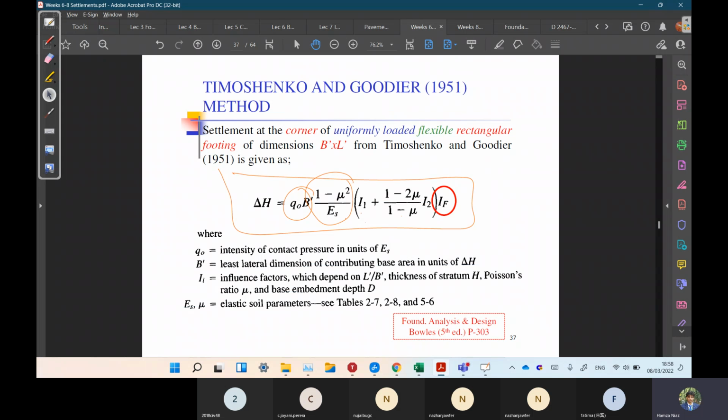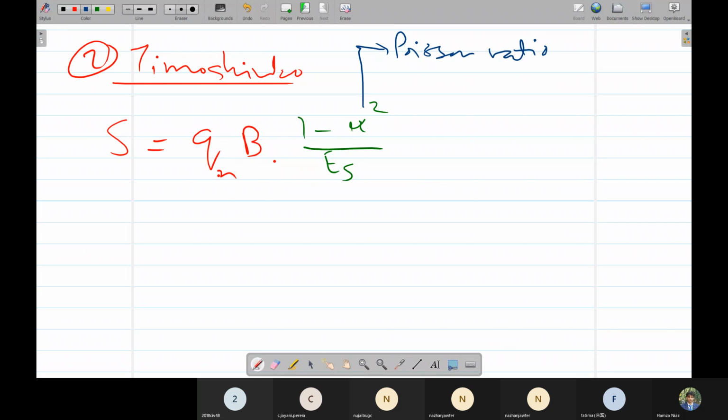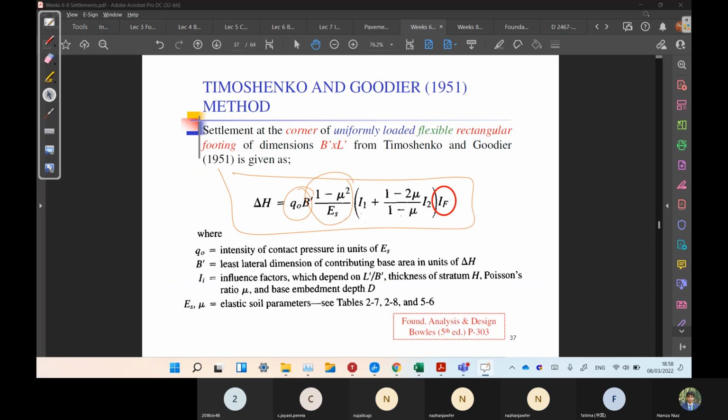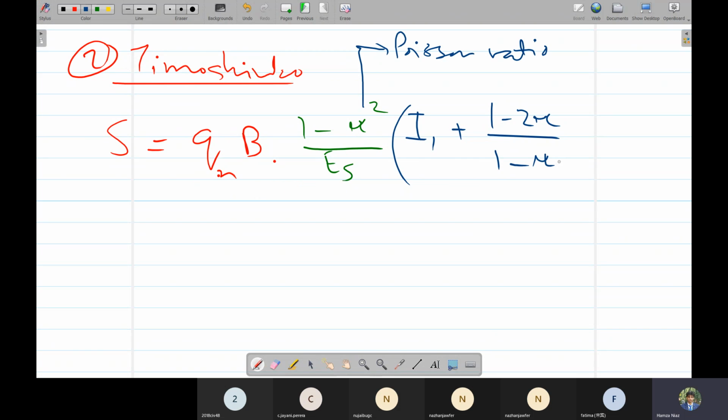And this is I1 plus (1 minus 2 mu) over (1 minus mu) times I2, times IF. So this is the equation.